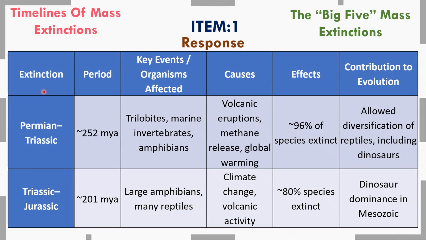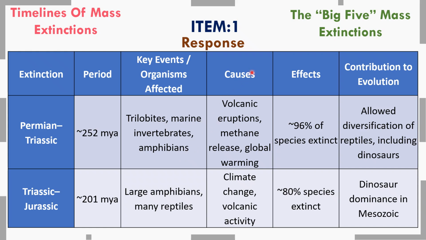Then we have the extinction of Permian-Triassic. This occurred in the period of approximately 252 million years ago, and the organisms that were affected were the trilobites, the marine invertebrates, and amphibians.